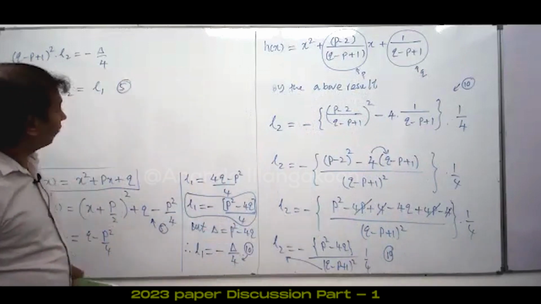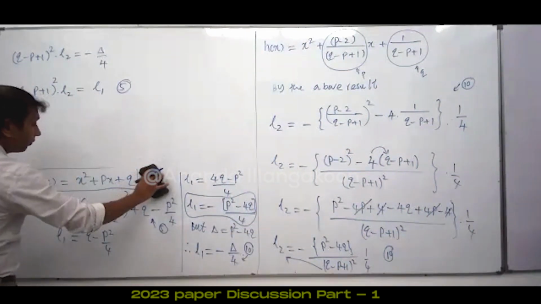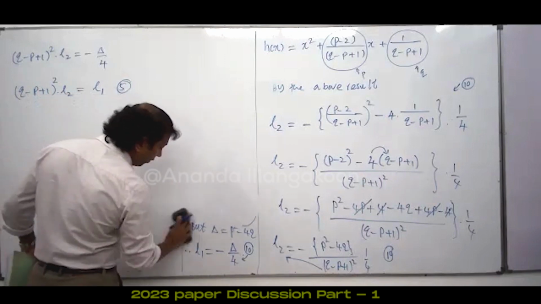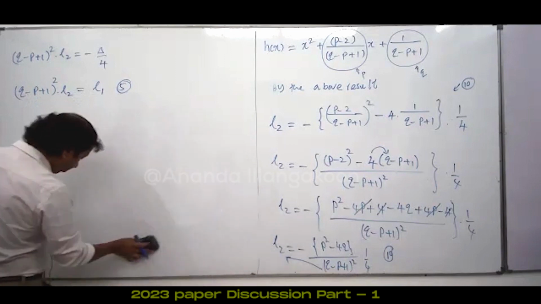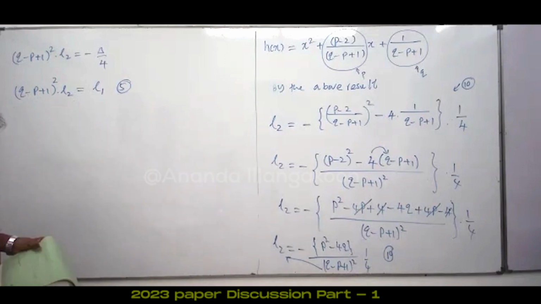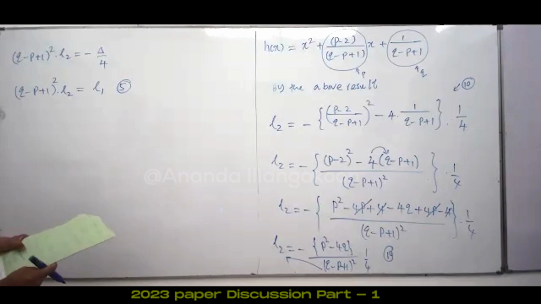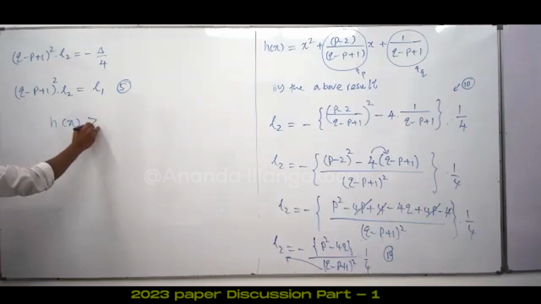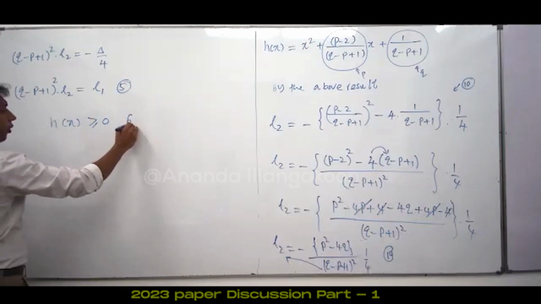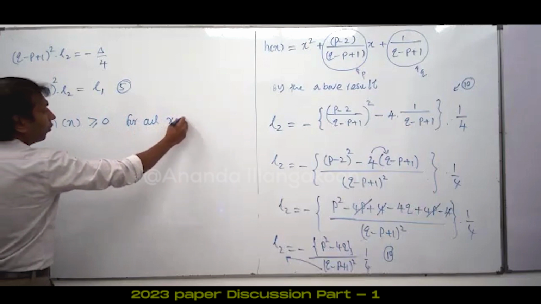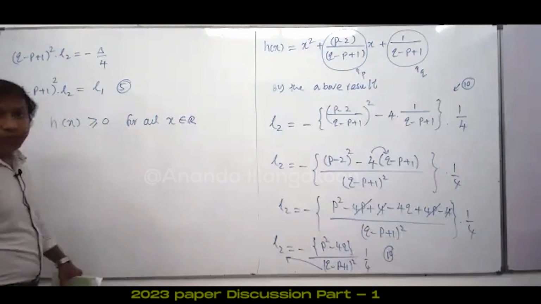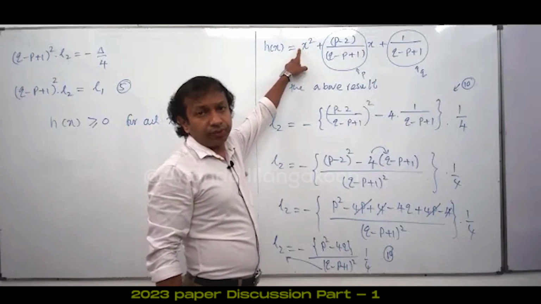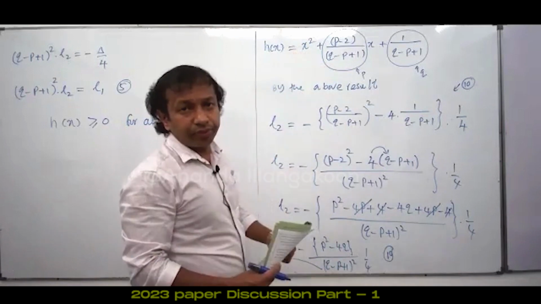Yes. That one we can very easily prove like this. There you have to very carefully understand what is this question here to prove. Hx greater than or equal to 0 for all real values of x. You know, this hx function, people, x squared coefficient is plus 1. This hx represents minimum graph.